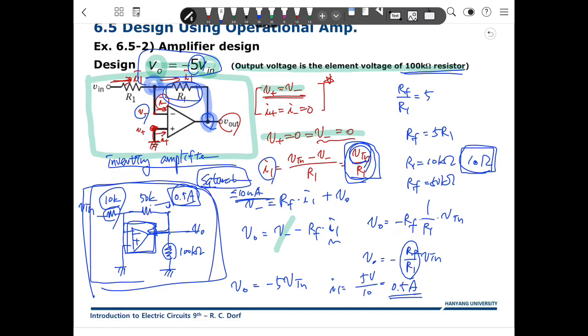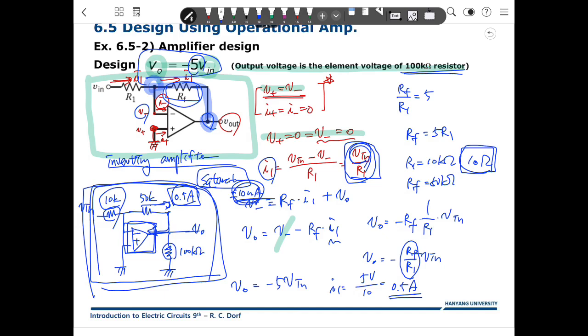That means when you design this electric circuit, including the op-amp, the current flowing to here is less than 10 milliamperes. So to do that, the order of the resistors in the op-amp circuit should be over 10 kilo ohms. So we generally use 10 kilo ohms or 100 kilo ohms, just like that.